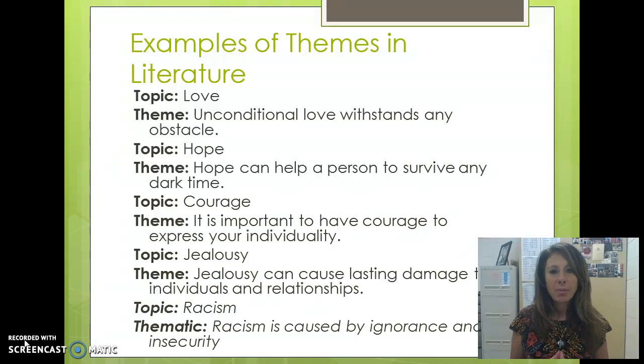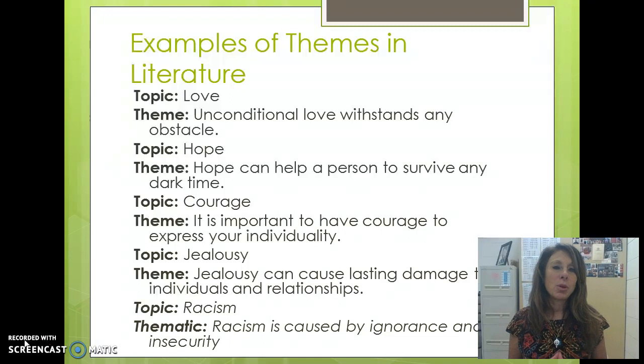A topic might be jealousy, but a theme might be jealousy can cause lasting damage to individuals and relationships. And the last example, a topic could be racism, but that's not the theme. The theme might be racism is caused by ignorance and insecurity.